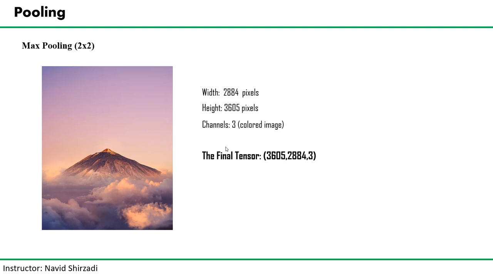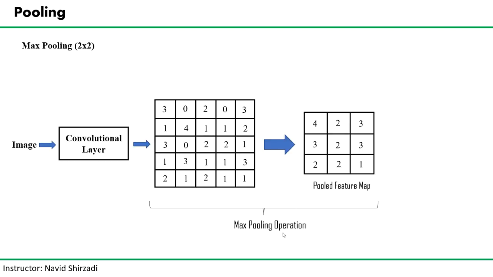This is just one tensor. Imagine that you have thousands of these tensors for training your model. You can imagine how huge the input data will be, and it takes forever to train your model. That's why the pooling method, the max pooling operation, is a very essential and important operation in our convolutional neural network, before giving the input data to our network.